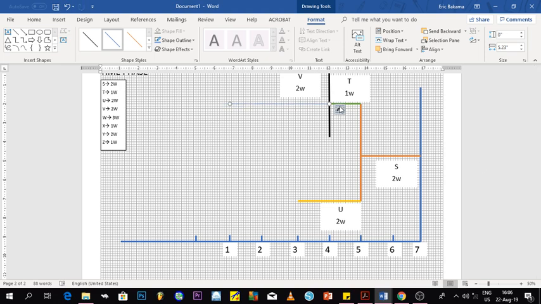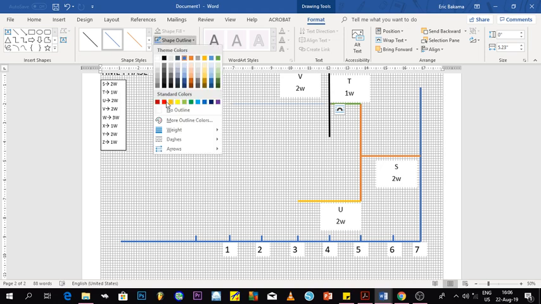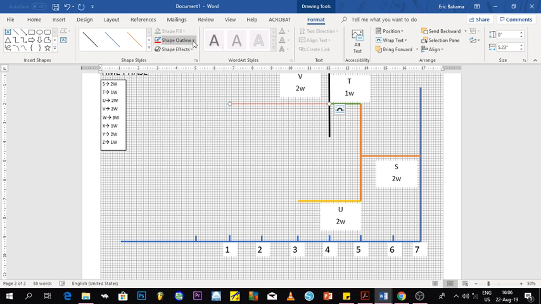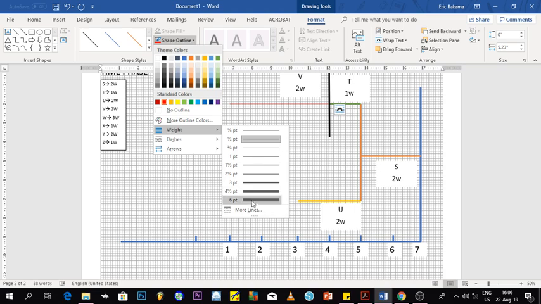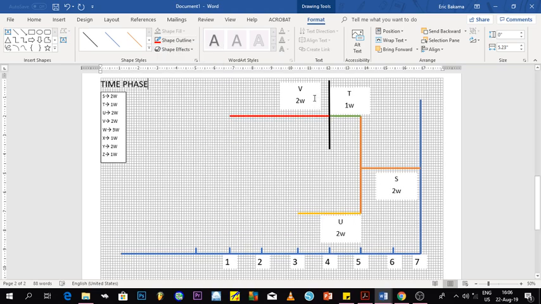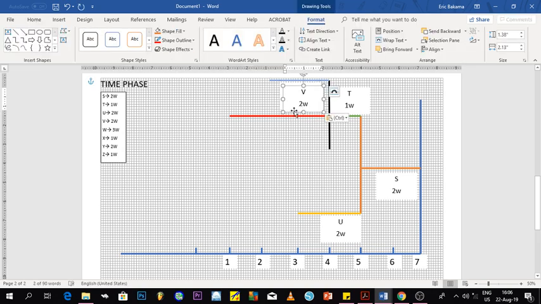Yes, so it's going from 4, 3, 2, and then it ends at 1 here. Which color? Let me give it a red color, and the heaviest weight here. So this is the line for W, and it has 3 weeks.